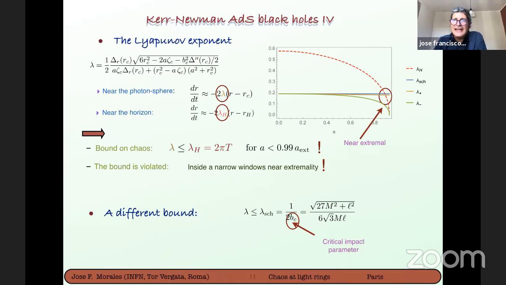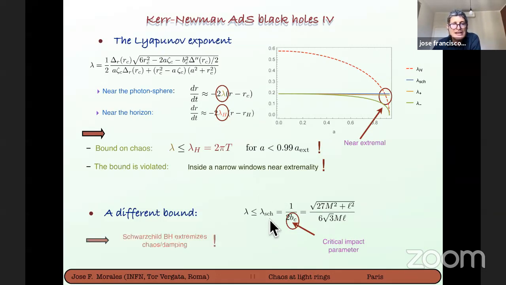Okay, another observation you can make from all these graphs is that the lambda is always below the lambda of Schwarzschild. Here I write the explicit formula for lambda Schwarzschild for a given Schwarzschild black hole with a mass m and a size of AdS L. And what you can see is that for any choice of the angular momentum and the charge, the lambda of Kerr-Newman black holes is always below the one of Schwarzschild.